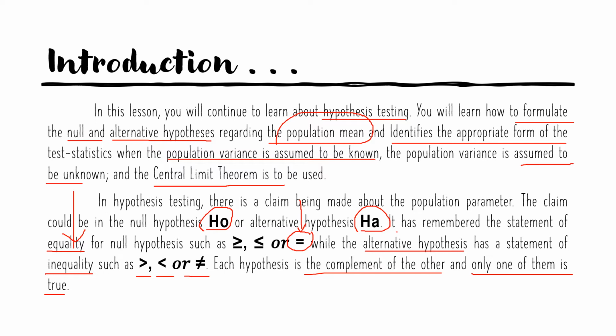That's why only one of them is true. And we need to choose based on the values that we get from your test statistics as our basis in choosing between your null and alternative hypothesis. Is it your null or your alternative hypothesis? So we really need to choose what is a true statement between these two hypotheses.